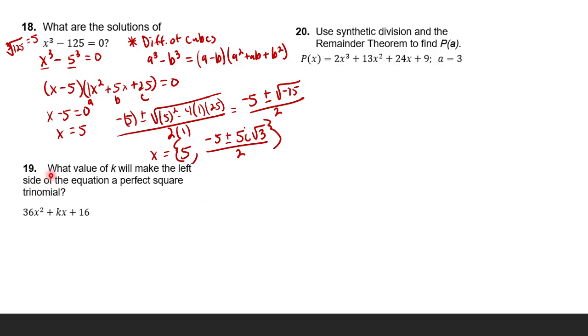Okay, on 19, what value of k will make the left side of the equation a perfect square trinomial? Okay, so if we want a perfect square trinomial, we want to be able to factor this part and have that perfect square in the middle. Okay, so remember, to get the perfect square trinomial, this is usually what we have.